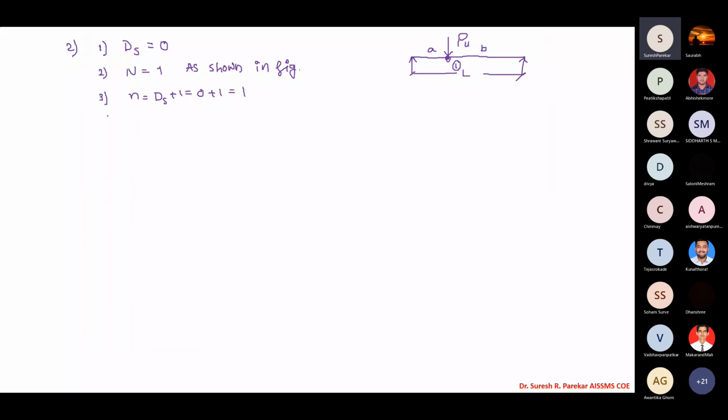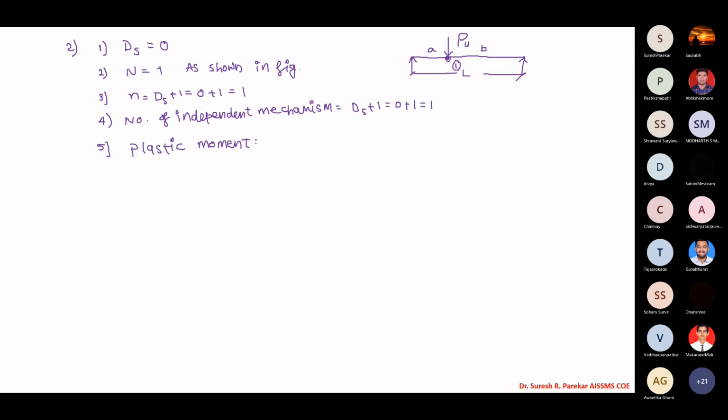Then we have fourth step, number of independent mechanisms, DS plus 1. So we have 1. And fifth we have plastic moment. And then we have to plot it.